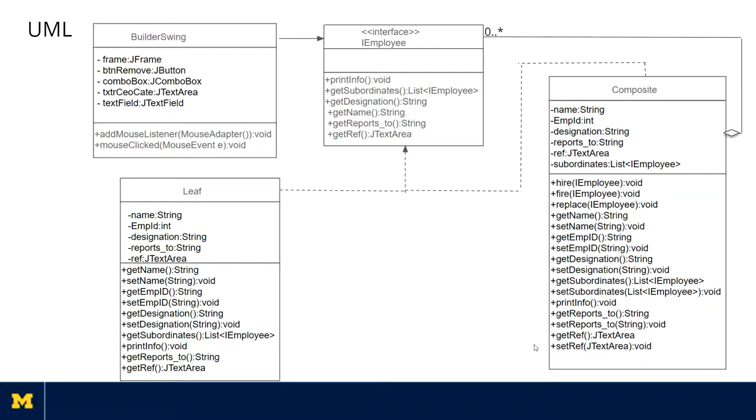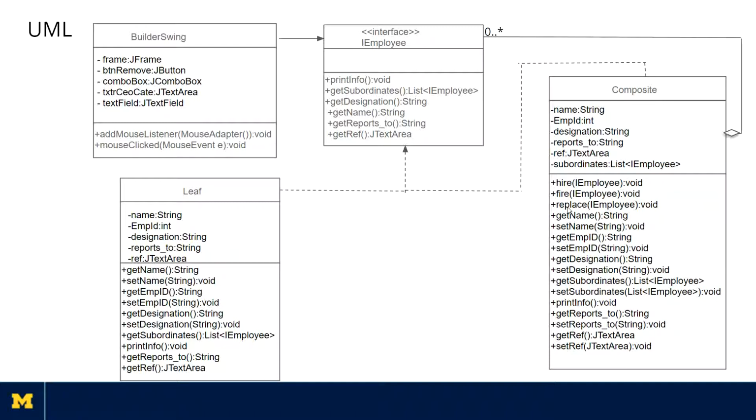And coming to the leaf, each person has his name, employee ID, designation, and reports to whom, and these additional getters and setters, and some extra methods. And the composite has got these three critical methods: hire, fire, and replace.